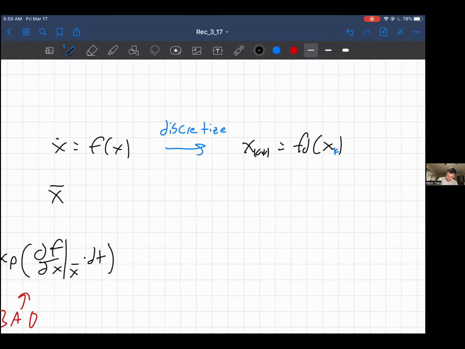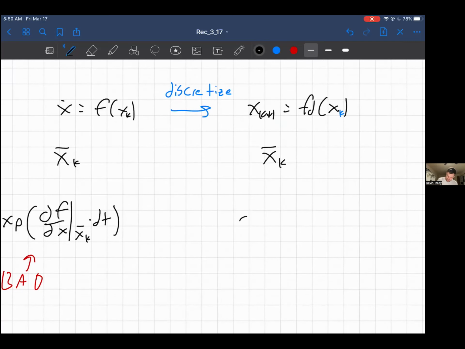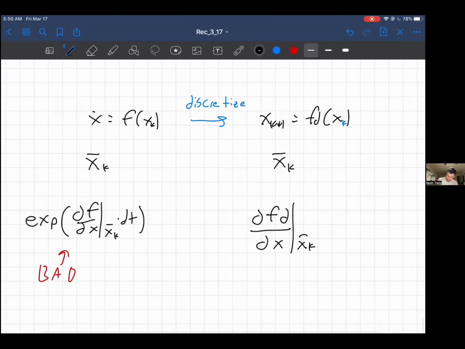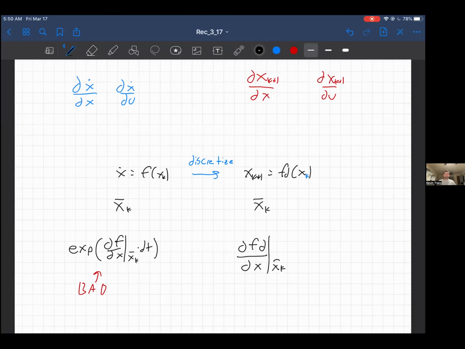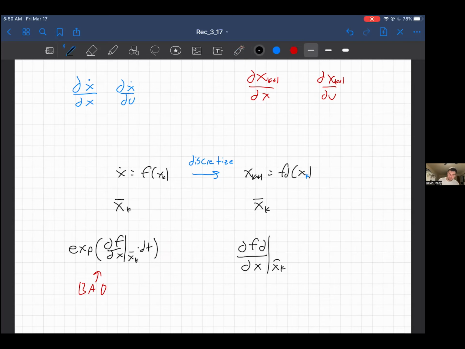And then what I'm going to do is, again, still linearize about this point x k, and say that d f d. So do you see how these things are different? I can first linearize and then discretize, or I can discretize and then linearize. And we basically want to discretize first.